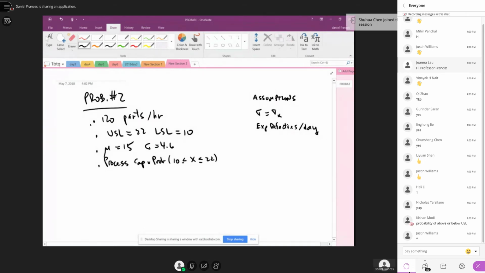And so I guess the expected number of defectives will be 120 times 1 minus the process capability.